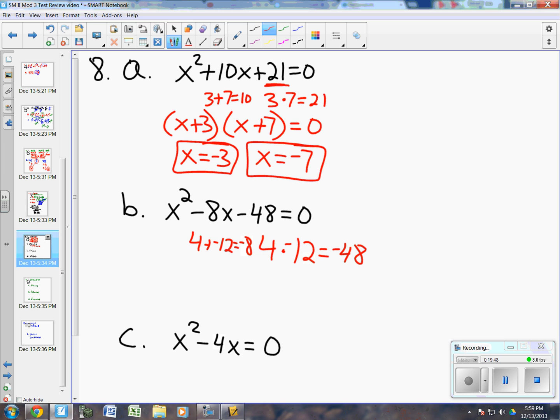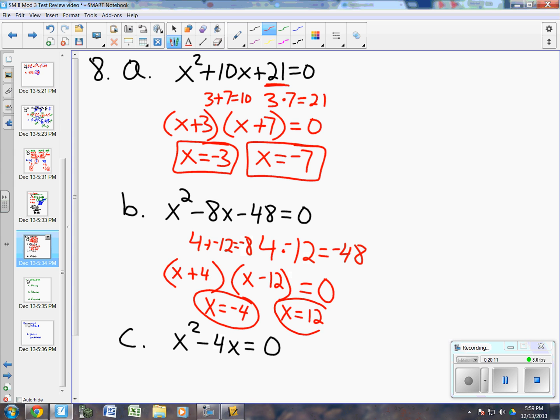But once again, you can use the quadratic formula if you feel more comfortable doing it. I just think it's so much faster if you can do it this way. So my two factors are x plus 4 and x minus 12. So your solutions are negative 4 and positive 12. Okay?